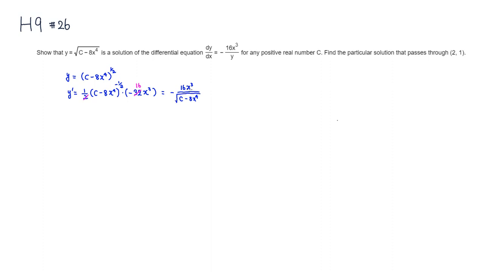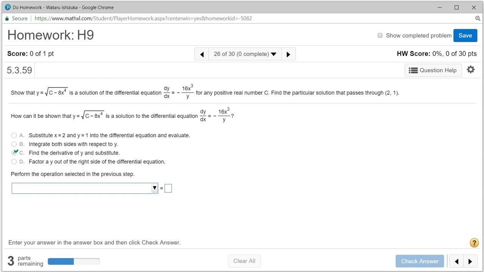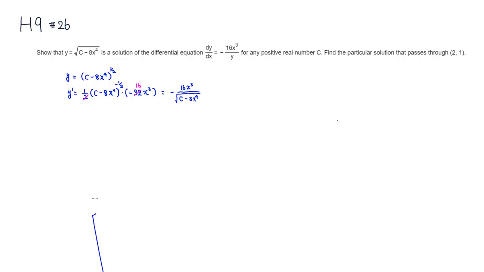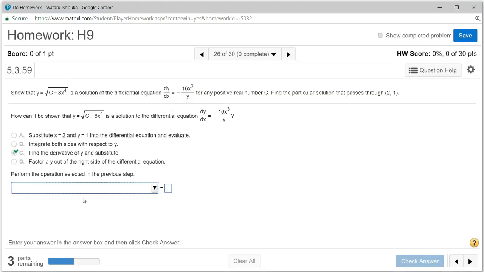So let's type it in. Perform the operation selected in the previous step.